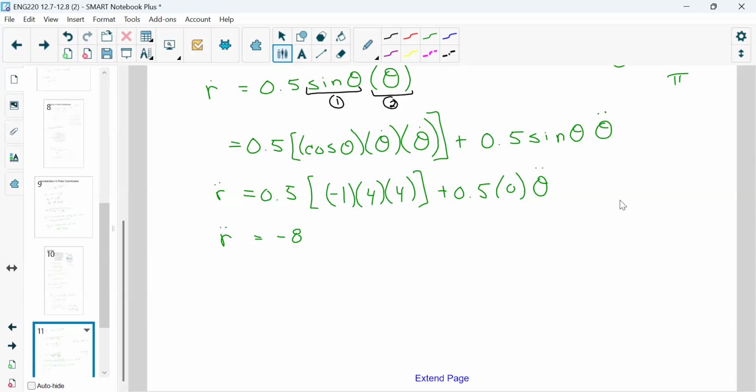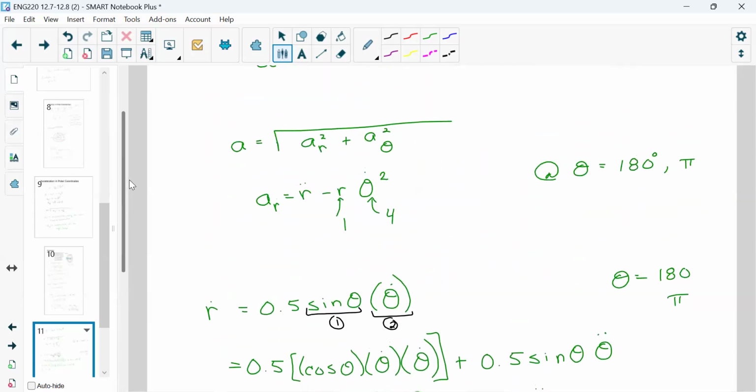No, we can, because we have 2 expressions. We have a sub r, and then we have a sub theta.